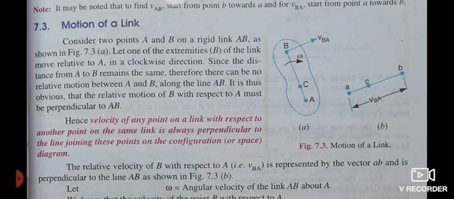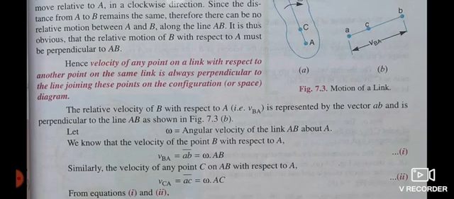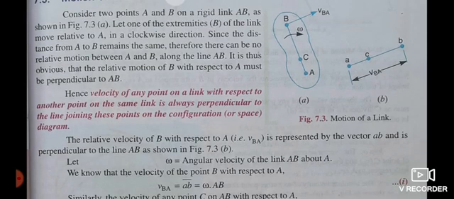Here is the diagram of motion of link. The relative velocity of B with respect to A, that is VBA, is represented by vector ab in 7.3b. It is represented by ab and is perpendicular to capital AB line, that is, perpendicular to the link.